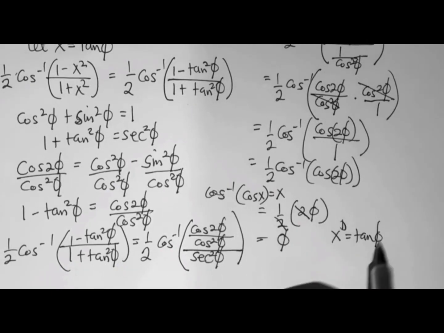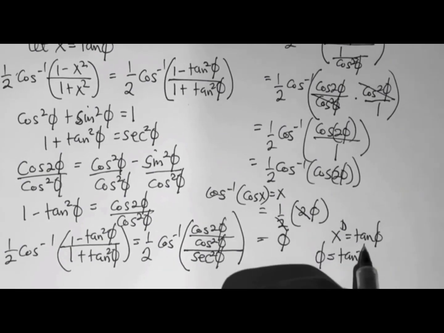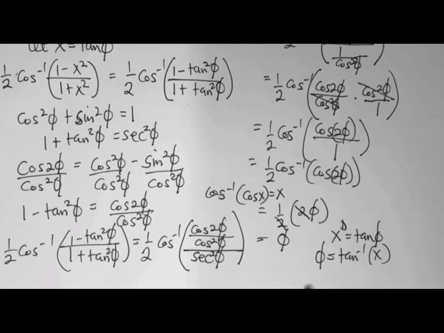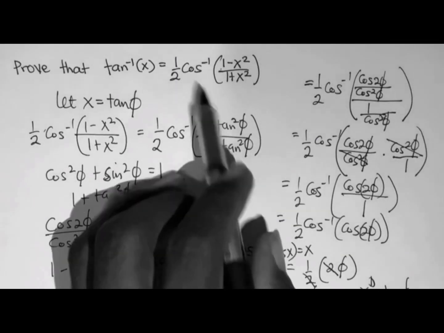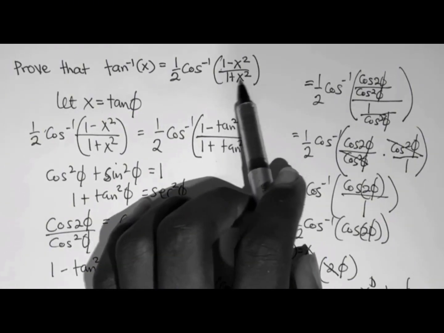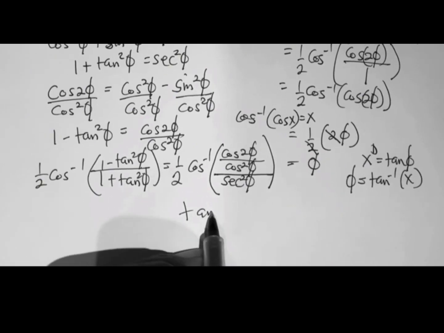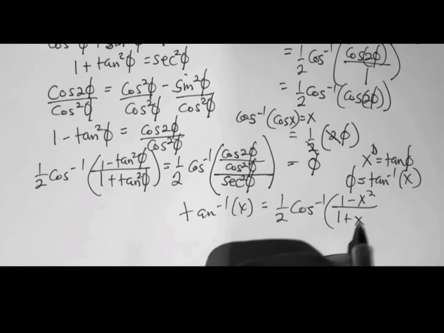So therefore phi is equal to tan inverse of x. And that was what we were supposed to prove. So since phi is equal to tan inverse of x, then our proof is right that tan inverse of x is equal to half cos inverse of (1 minus x squared) divided by (1 plus x squared).